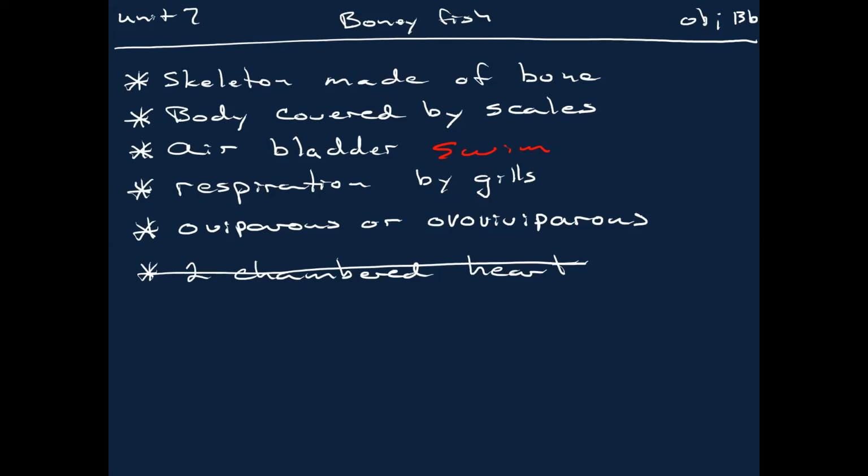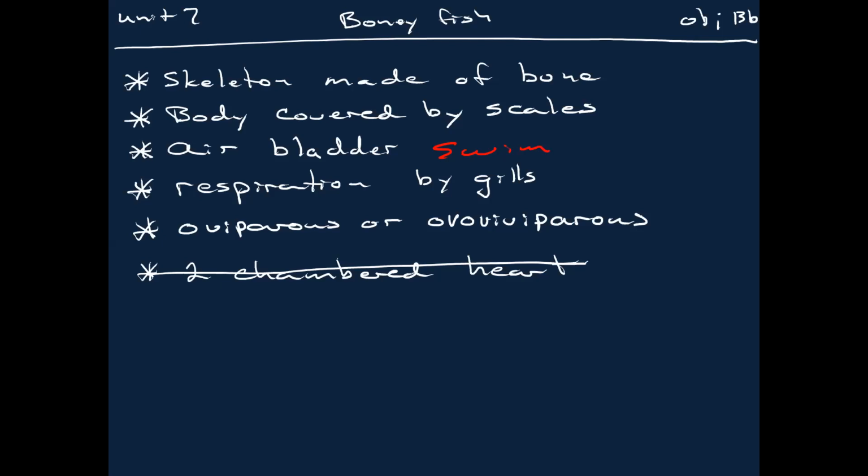Bony fish can be either oviparous or, here you go, and the prize for the most V's in one word goes to ovoviviparous.